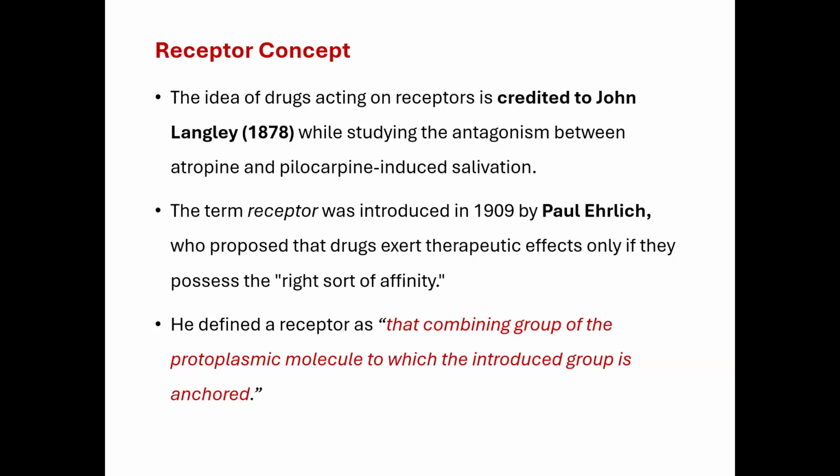And also another scientist in 1909 called Paul Ehrlich studied these receptors and proposed that drugs exert therapeutic effects only if they possess the right affinity for the receptor. Only if they can bind to the receptor and stimulate it. That is the affinity they are talking about.